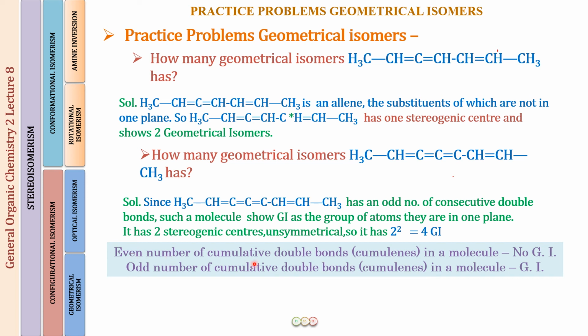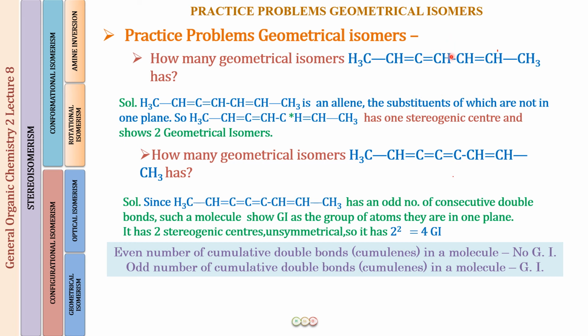If we have an even number of cumulative double bonds or consecutive double bonds, there is going to be no GI. And when there is an odd number of cumulative double bonds in the molecule, geometrical isomerism will be possible, as you have seen over here. All right, just like we have for the double bond, when we have two of them together, it will be in the xy plane, a yz plane.